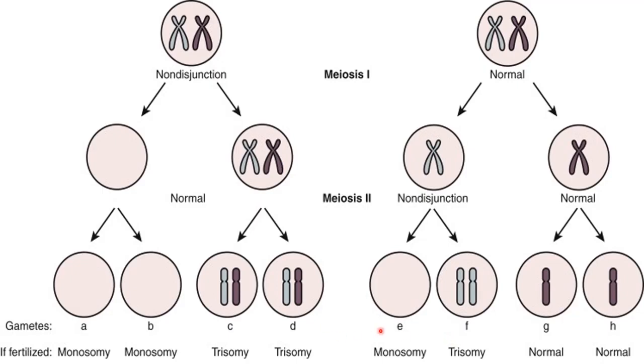By these two kinds, non-disjunction in meiosis 1 or in meiosis 2, there will be monosomy or trisomy like conditions. This is the reason behind the chromosomal aberrations, and this is about aneuploidy, because monosomy and trisomy are types of aneuploidy.